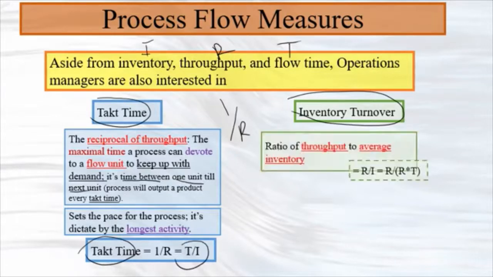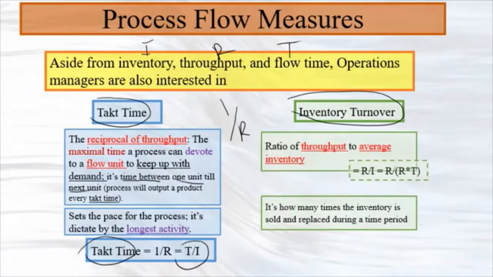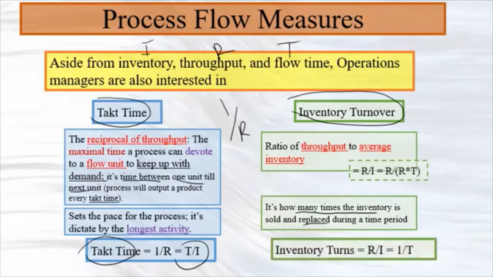Inventory turnover is very important. It is how many times the inventory is sold and replaced. So how many times are you selling and replacing that inventory during a time period? If you have a turnover of 3 in 1 year, it means that you sold your inventory 3 times and you replenished your inventory 3 times.